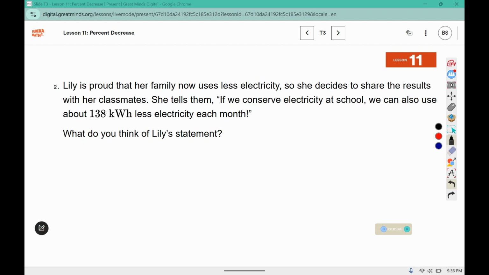Lily's school is probably a lot larger than her house, so it would be more likely that they would save more than 138 kilowatt hours by conserving electricity.